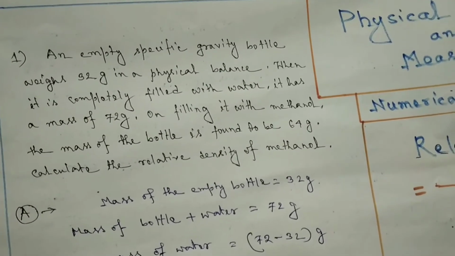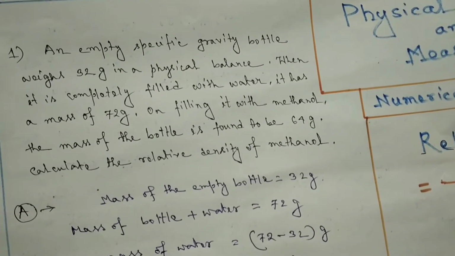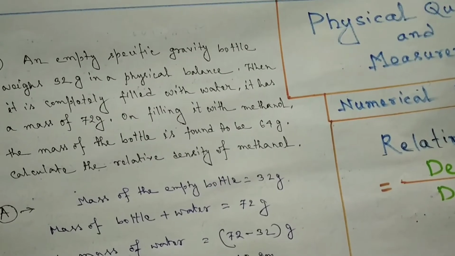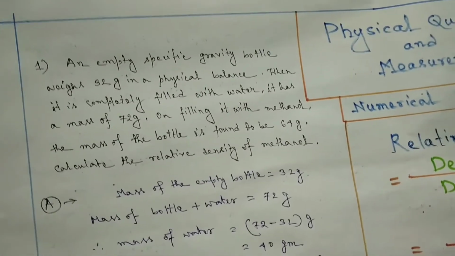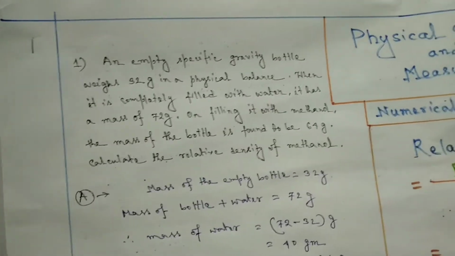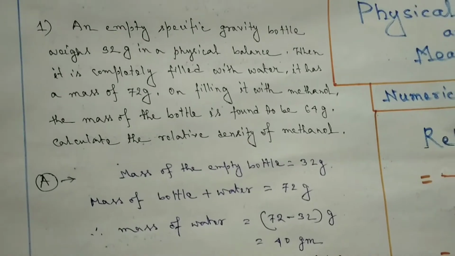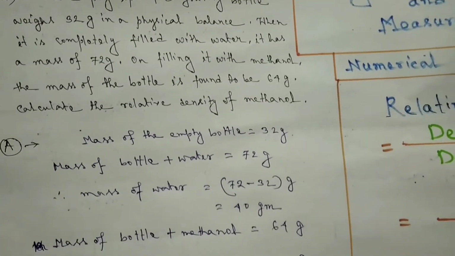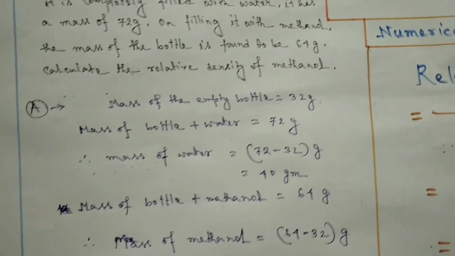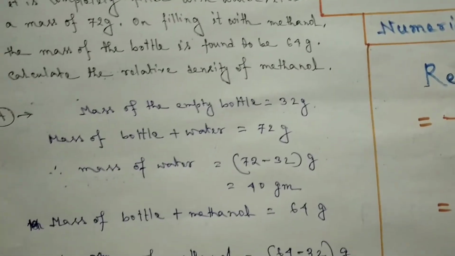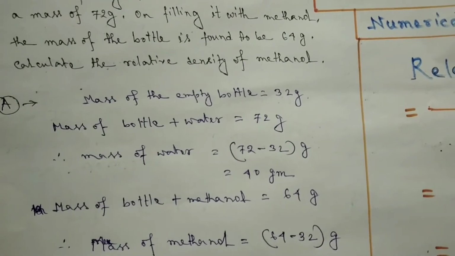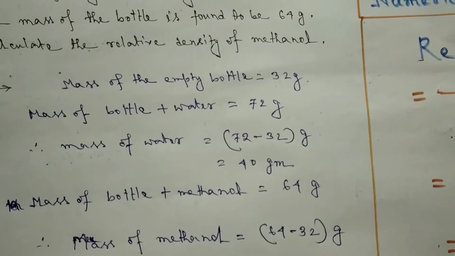So the weight of the empty bottle is 32 gram, and the mass of bottle plus water is equal to 72 gram. So the mass of water is 72 minus 32 is equal to 40 gram.